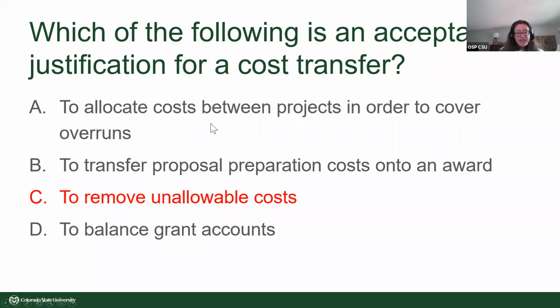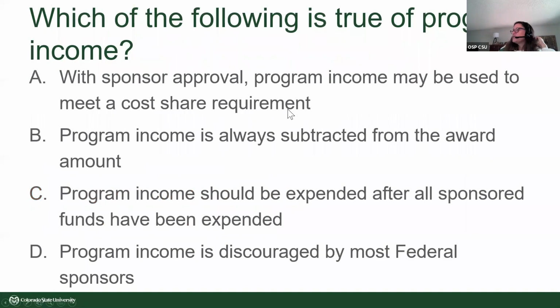And on a question like this, you might get a case scenario, and then you'd have to answer it that way. Which of the following is true of program income? With sponsor approval, it can be used to meet cost share. It's always subtracted. It should always be expended after all the sponsored funds have been expended. Or it's discouraged by the federal sponsors. Right, A. You have to have sponsor approval to use it to meet a cost share requirement.